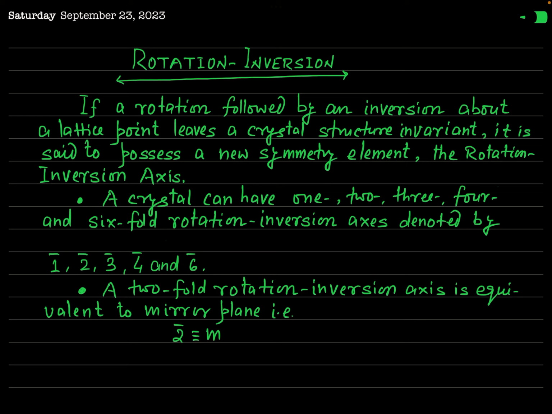So we define it that if a rotation followed by inversion about a lattice point leaves the crystal structure invariant, then it is said to possess a new symmetry element which is called rotation inversion axis. Okay. So if you want to perform this symmetry operation on a lattice, first of all you have to perform the rotation operation, and after that in a successive manner you have to perform the inversion operation on the same lattice.